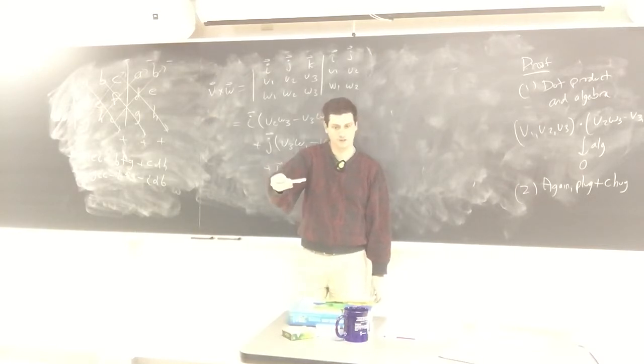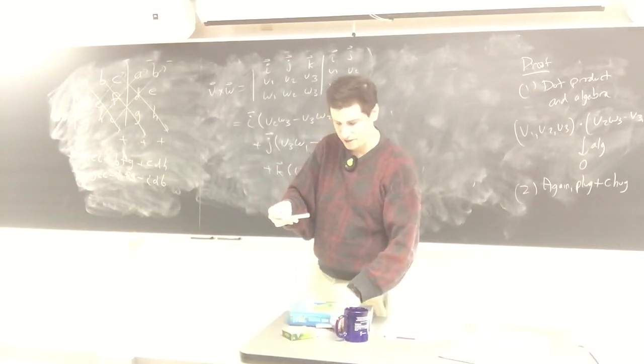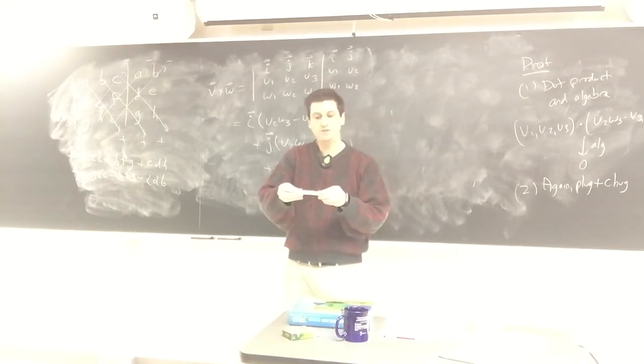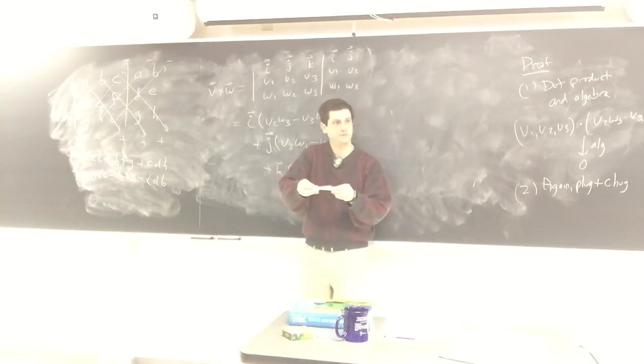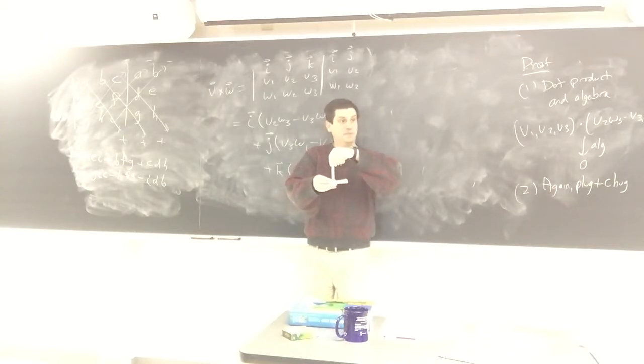I need one more vector. If my third vector is in that plane, what's the volume of this parallelepiped going to be? If it has a fixed length, what direction would give me the maximum volume? If it's perpendicular, if it goes straight up. And then the less straight up it goes, the less volume I get.